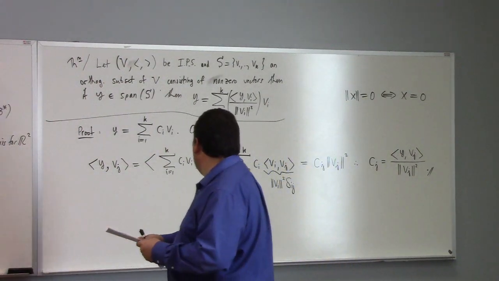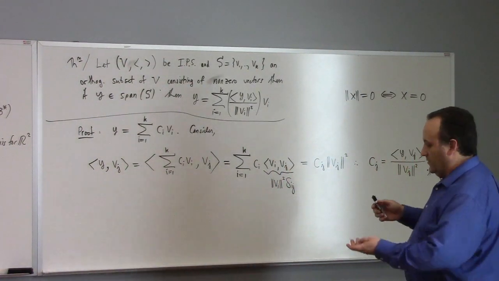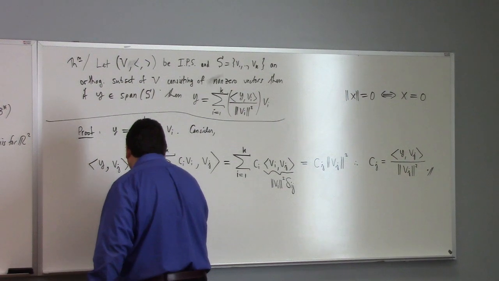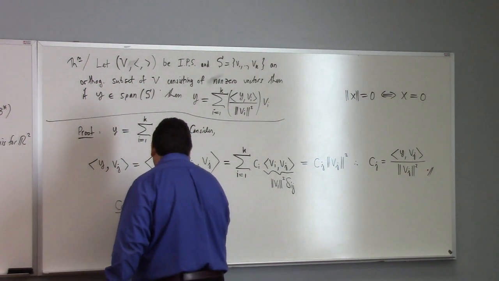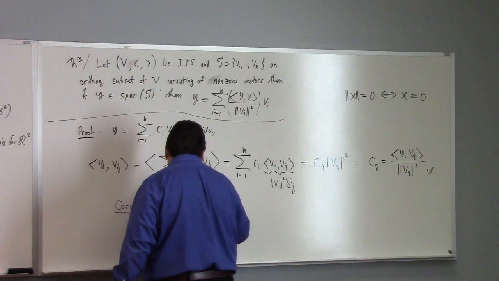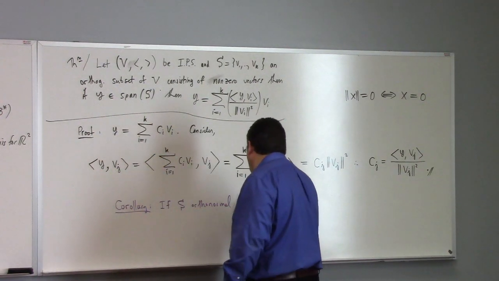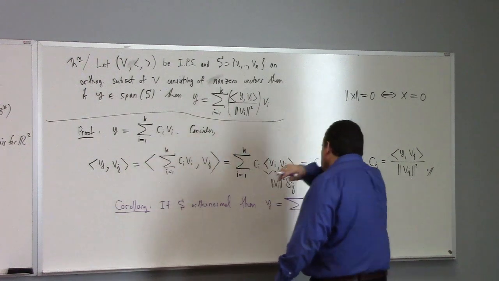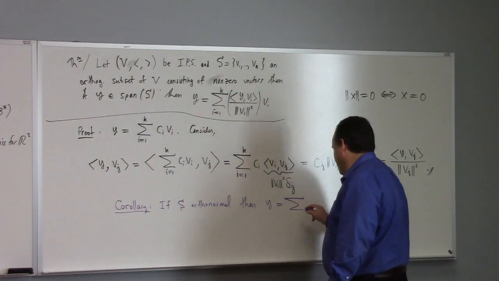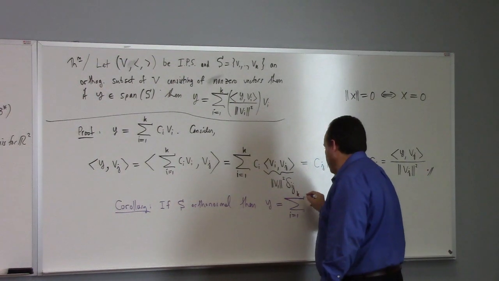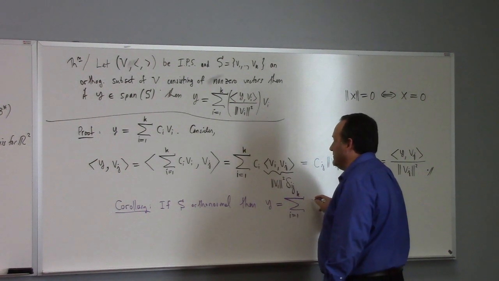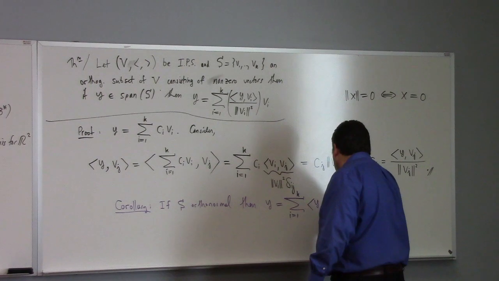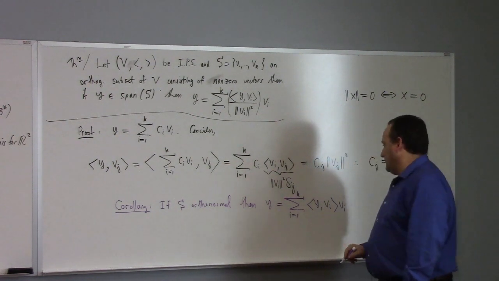What happens here, like an obvious corollary, let me write it down before I move on. Corollary: if S is orthonormal, then y equals what? Same thing, but what? You don't have to divide by length. Very good. So we just do the inner product of y and vi times vi. And there you go.